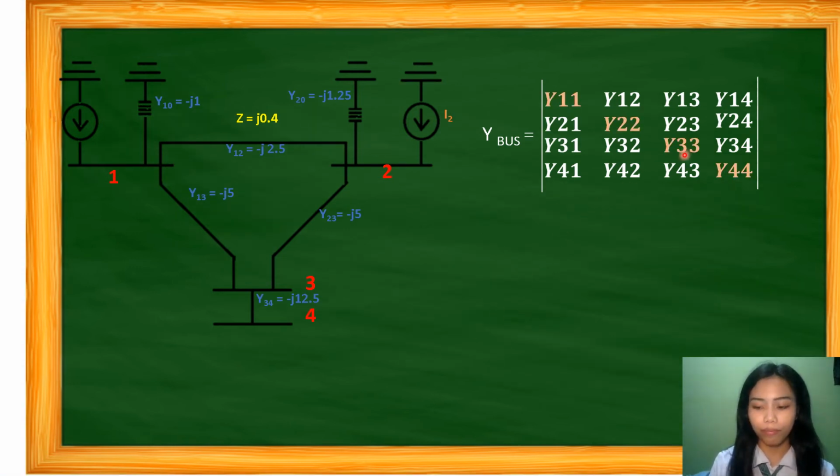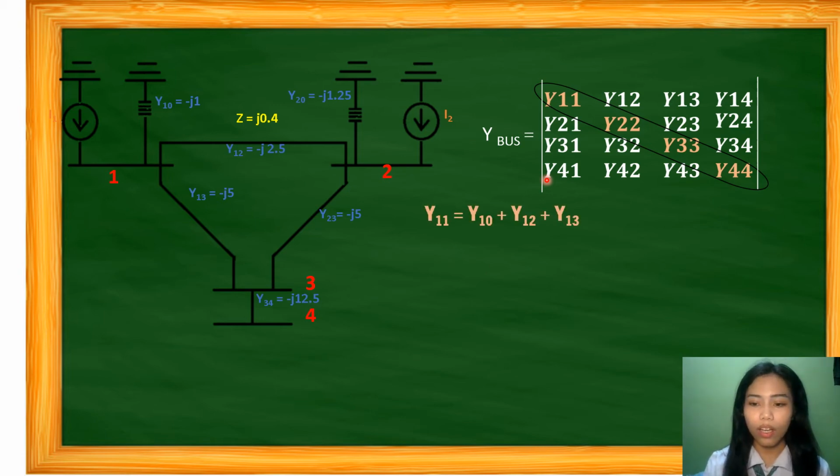Okay. This diagonal, as I have said earlier, is the diagonal element admittance, and the rest are the off diagonal. Y11 equals Y10 plus Y12 plus Y13.